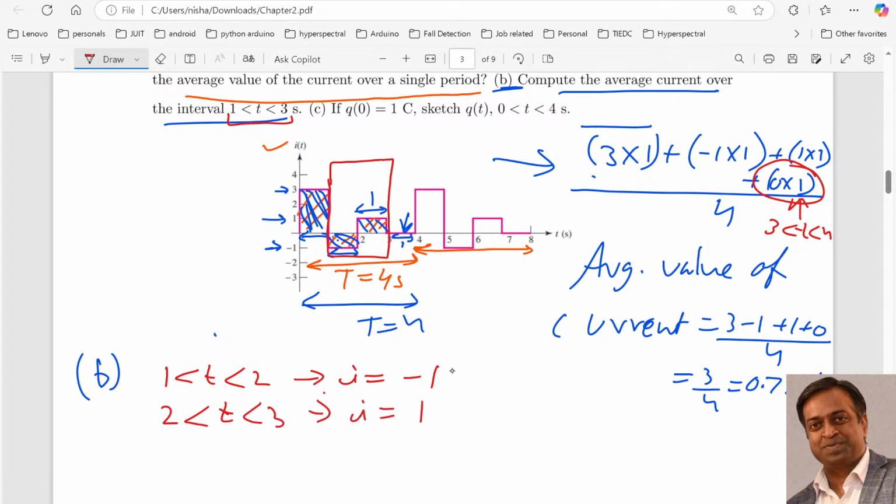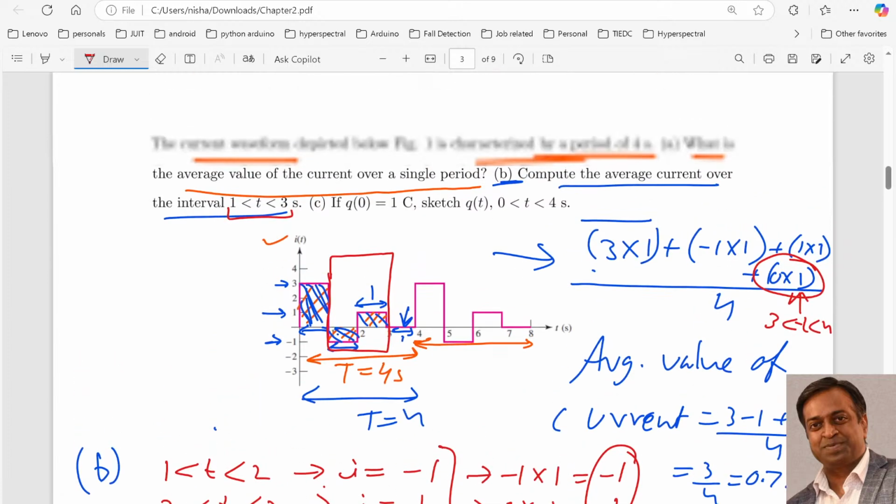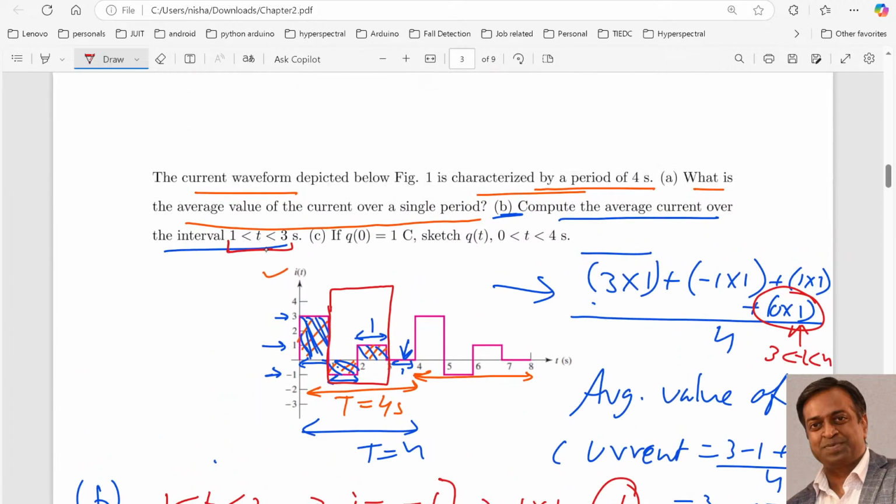So for this part the area is -1 into 1, and for this part the area is 1 into 1. When we add these two, -1 plus 1, divided by 2, we get 0, which is 0 ampere. So the average current over this interval will be 0.